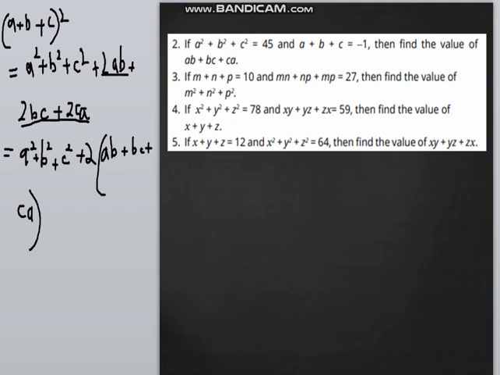In the second question, we have a squared plus b squared plus c squared is 45.